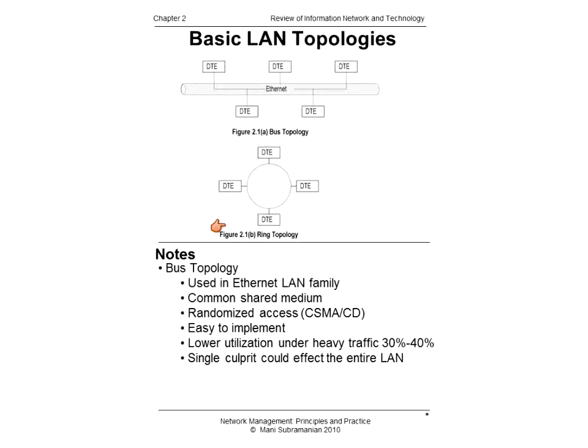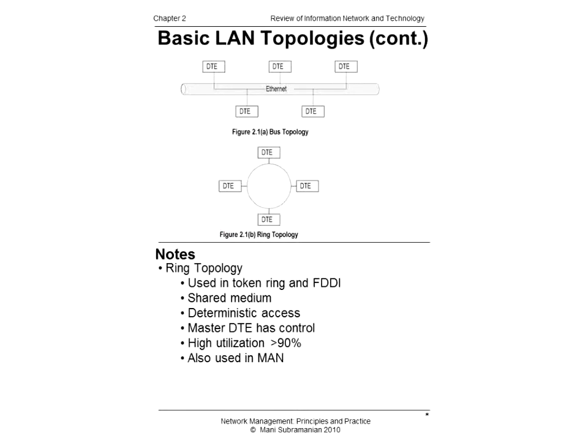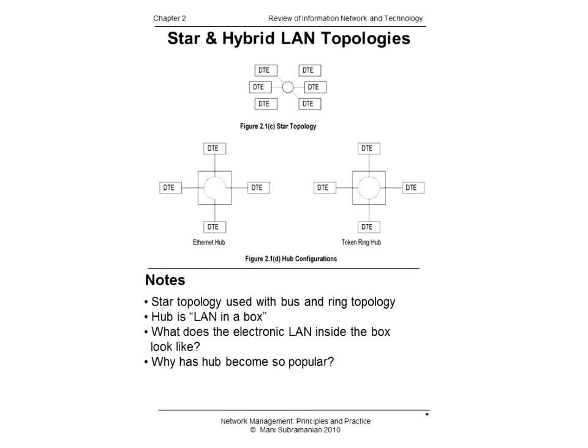Now next we have hub configuration. A hub is basically a LAN in a box. Now you know that a hub is a device that operates only in the physical layer.